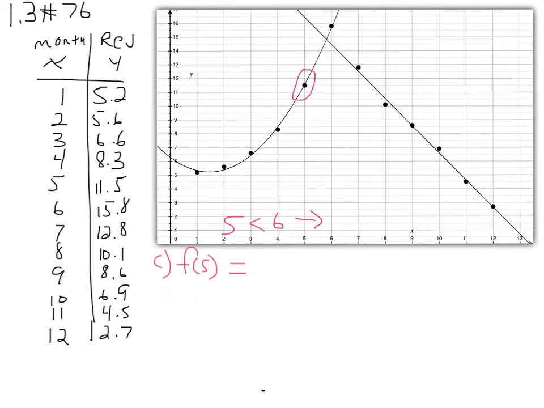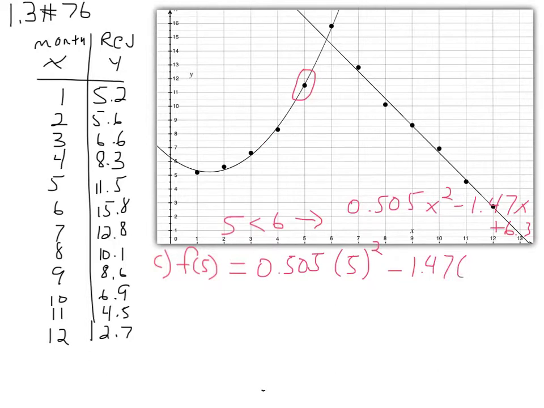So we're going to use 0.505x squared minus 1.47x plus 6.3. The model says 0.505 times 5 squared minus 1.47 times 5 plus 6.3. Now I'm going to put that into the calculator and write the number down. That's going to be the easiest.